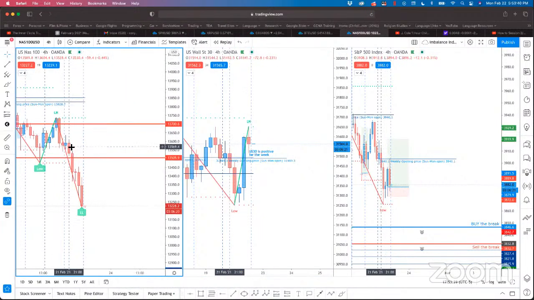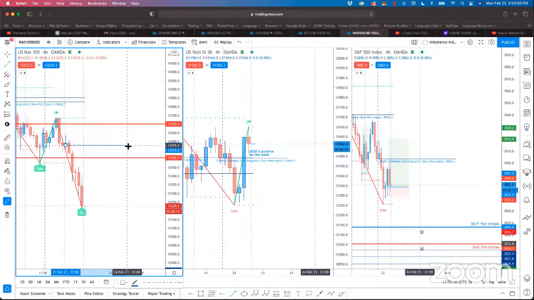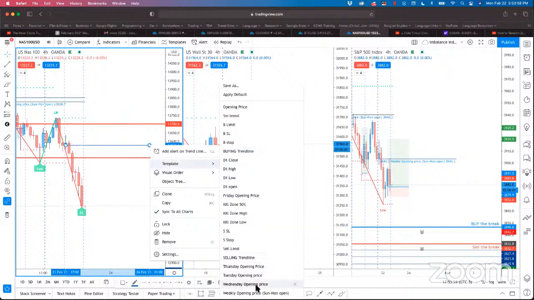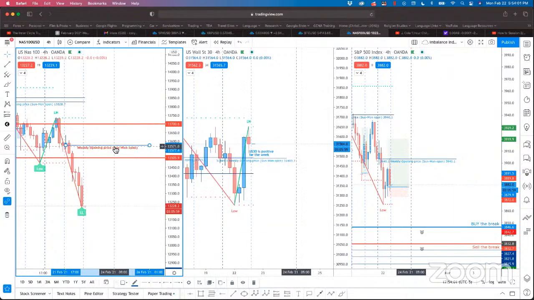And then you had NAS. The opening price was on this candle. So this was Friday. This was the first candle on the 21st. The opening was here. I'm going to extend this out, and go to my template. Weekly opening.